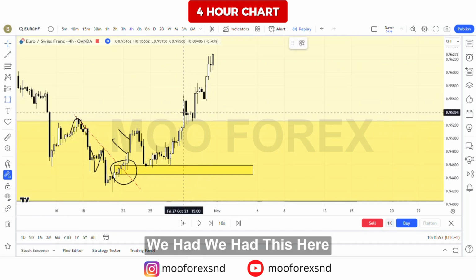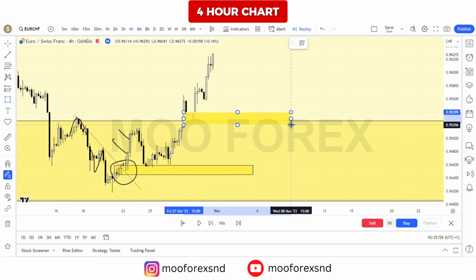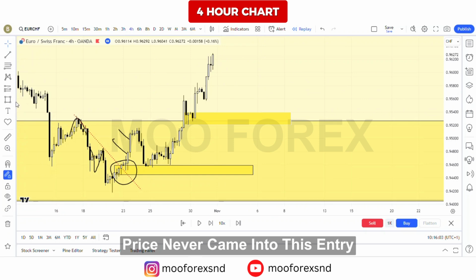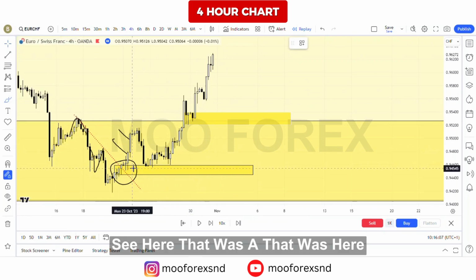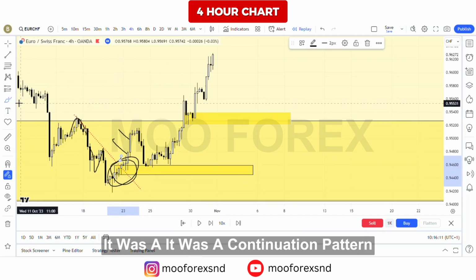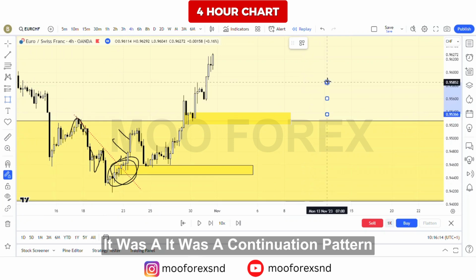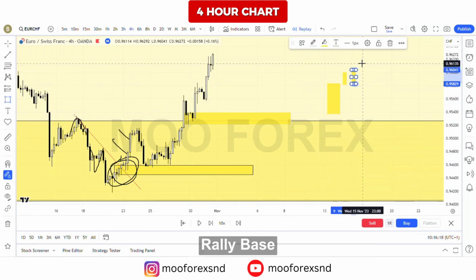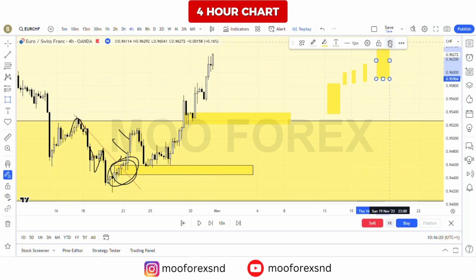And then we recently had another entry model. We had this here, but price never visited here, price never came into this entry. See here, this one was a continuation pattern, rally base rally.